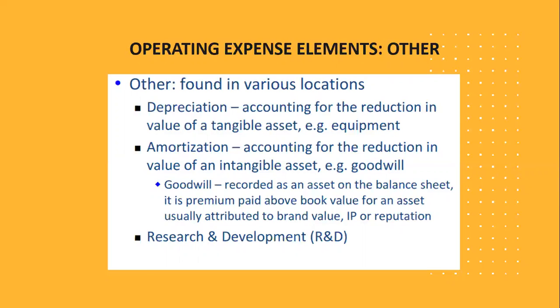For example, for a Louis Vuitton handbag, people are ready to pay an exorbitant amount basically because of the brand value. It's much more than the actual cost of manufacturing the product. So there is usually a reduction in the value of the brand over a period of time that is captured as an amortization expense, and that shows up on the income statement as well.